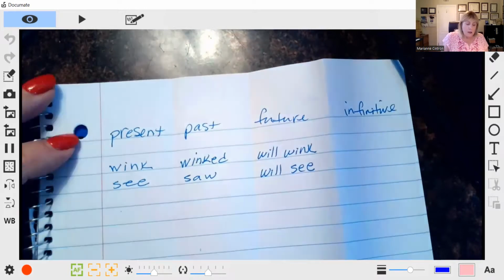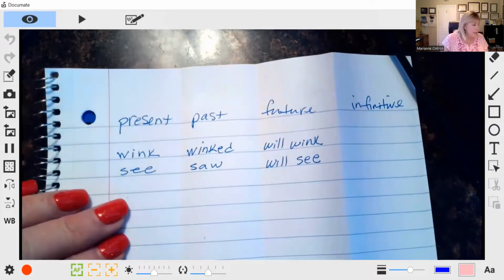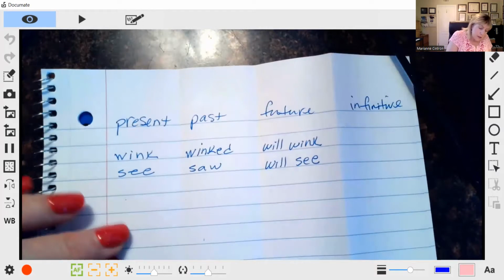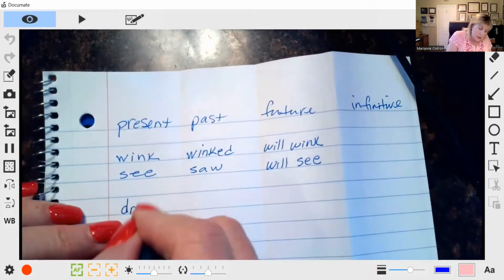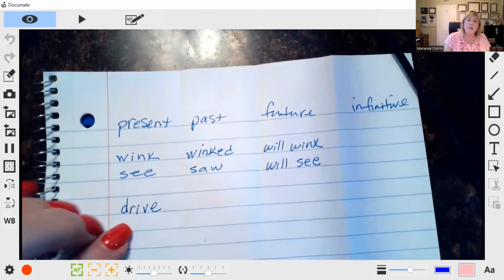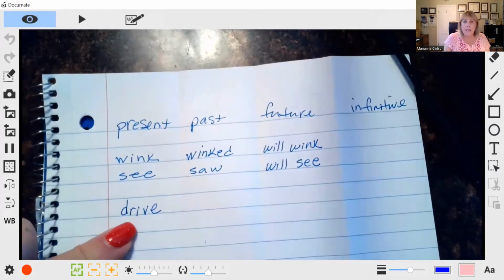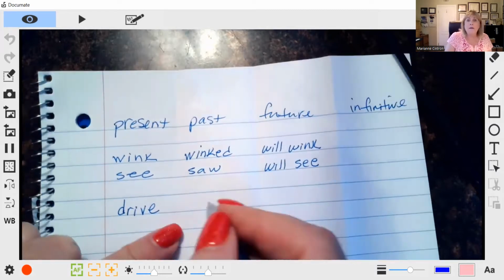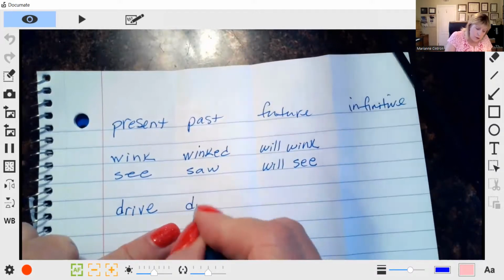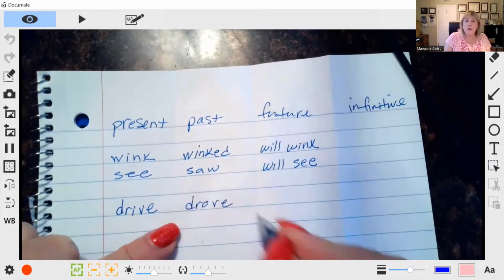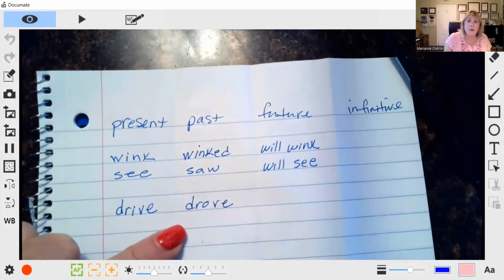Okay, so I start using these in some sentences. I'm going to skip a line just for the sake of having some white space. I drive to the store every day to get milk. Yesterday, and she'll want to say drived, and we're going to say drove to the store and got bread yesterday.